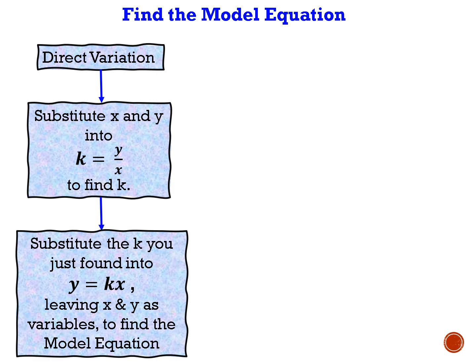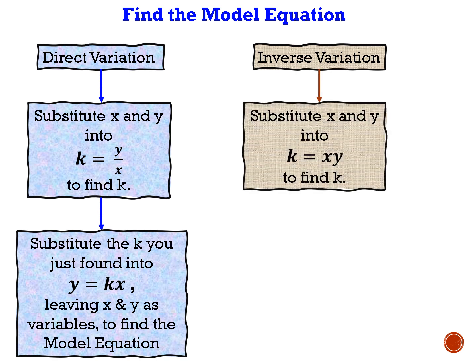Now, if we tell you that x and y vary inversely, it's the same first step. You've still got to find the k, but we're going to use a different equation: k equals x times y. If it's inverse, your k is x times y.